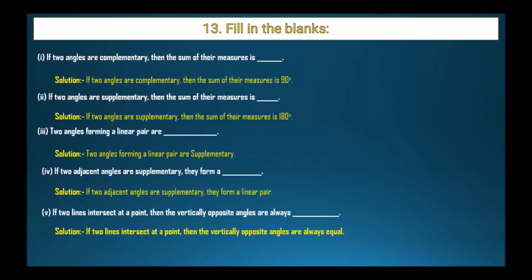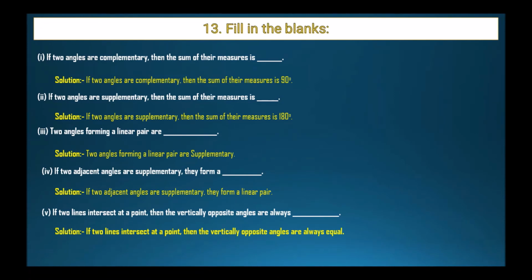Next, 13th question, fill in the blanks. If two angles are complementary, then the sum of their measure is 90 degree. If two angles are supplementary, then the sum of their measure is 180 degree. Two angles forming a linear pair are supplementary. If two adjacent angles are supplementary, they form a linear pair.